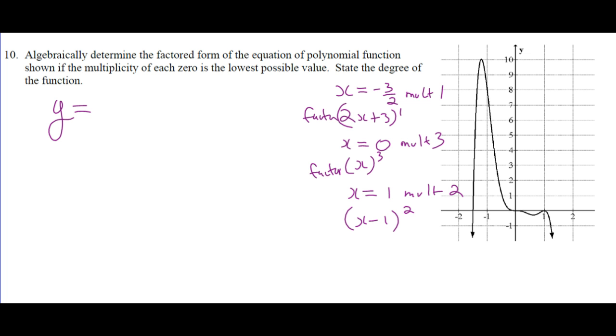Okay, so we got multiplicity 2. So here are my zeros, along with multiplicities written with them. Here are my factors. I'm just going to put the factors down. So we've got x cubed, and we've got a 2x plus 3, and we've got an x minus 1 quantity squared.